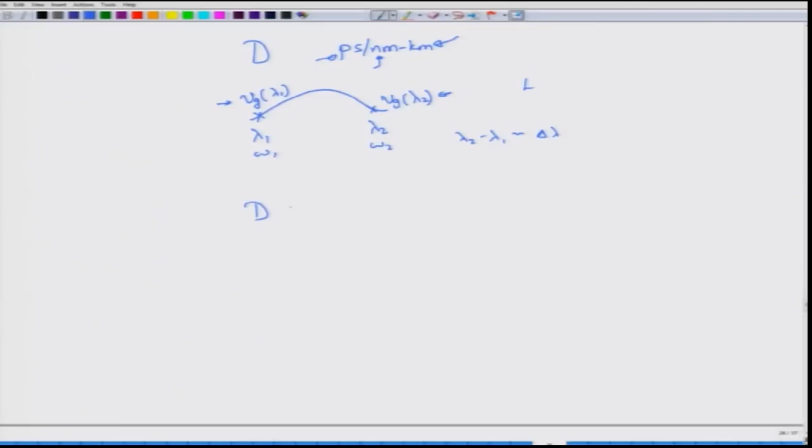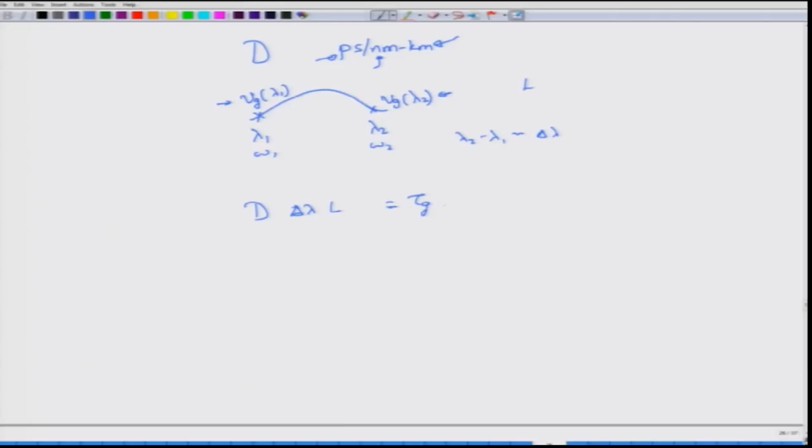Okay. And this dispersion parameter D is related because D delta lambda L will tell you the total delay, correct. So, you have picosecond per nanometer kilometer multiplied by nanometer multiplied by kilometer. So, this will be the total delay, and in fact this delay is basically equal to tau g.